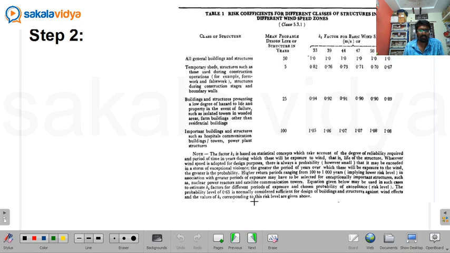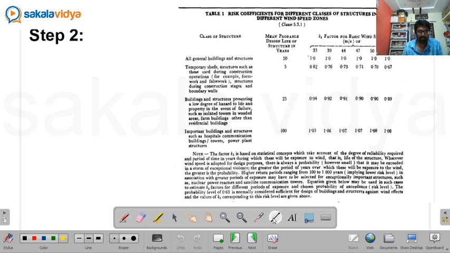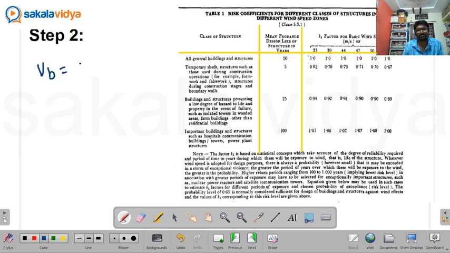For that you have to refer to table number 1. What is the basic wind speed of the location? Vb is equal to 47 meter per second.